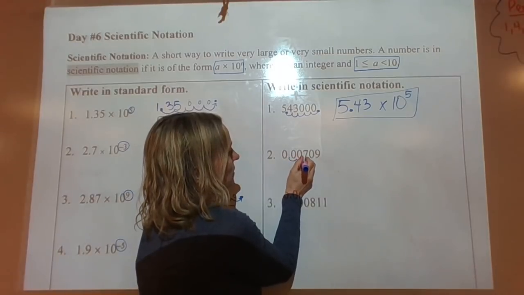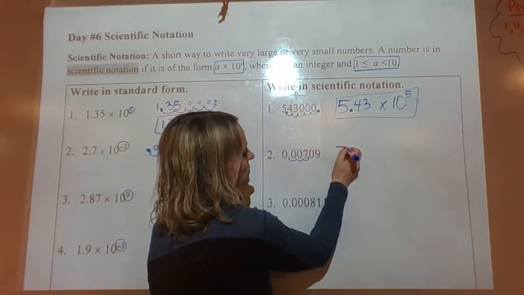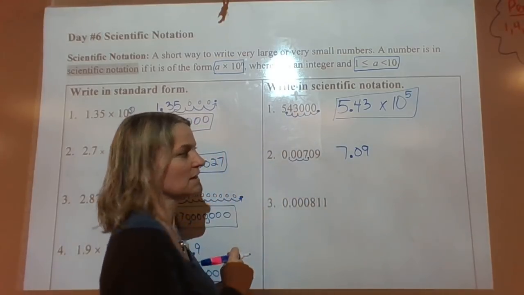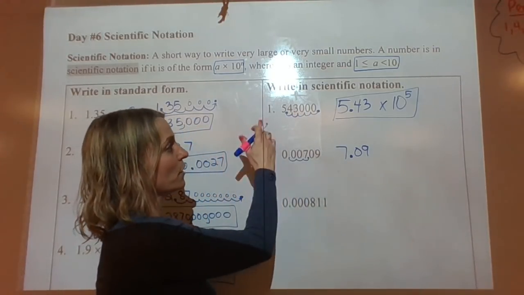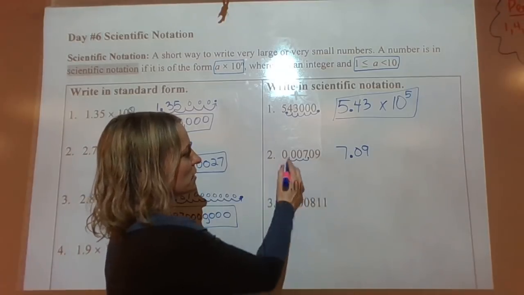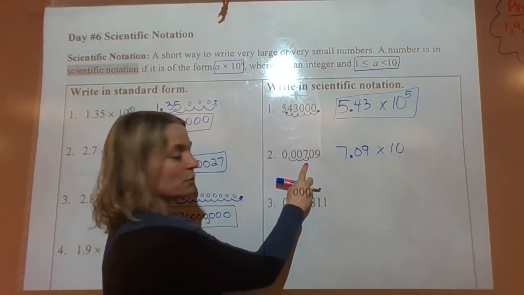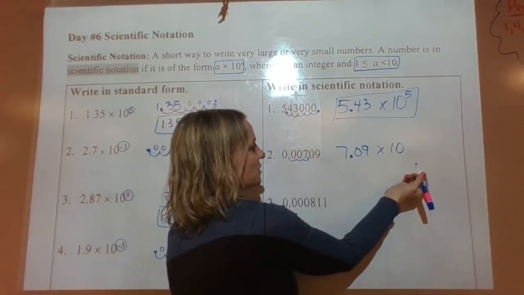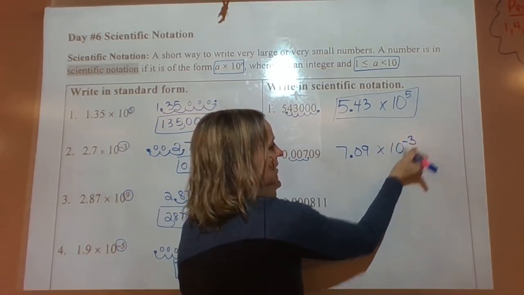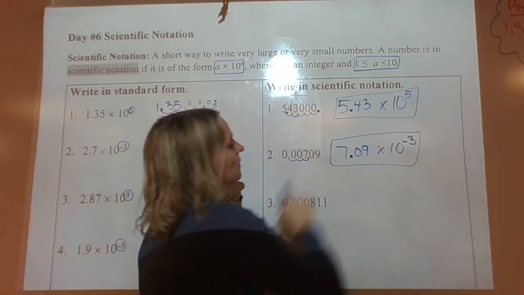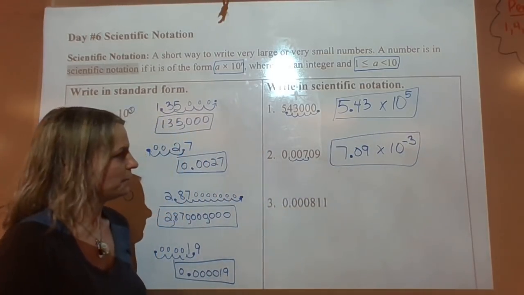I have to move it 3 spots over to get there. So I'm going to write 7.09. Notice any extra zeros I leave off because those are just placeholders for where my decimal was before. So I've got 7.09 times 10, and we moved it 1, 2, 3 spots to get there. So instead of just writing 3, I would write -3 since this is a small number that's less than a whole. And then that's it.